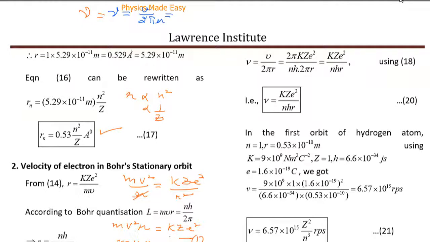I substituted the value of v as k Z e square divided by n h, into 2 pi r. So this came out to be k Z e square divided by n h r.